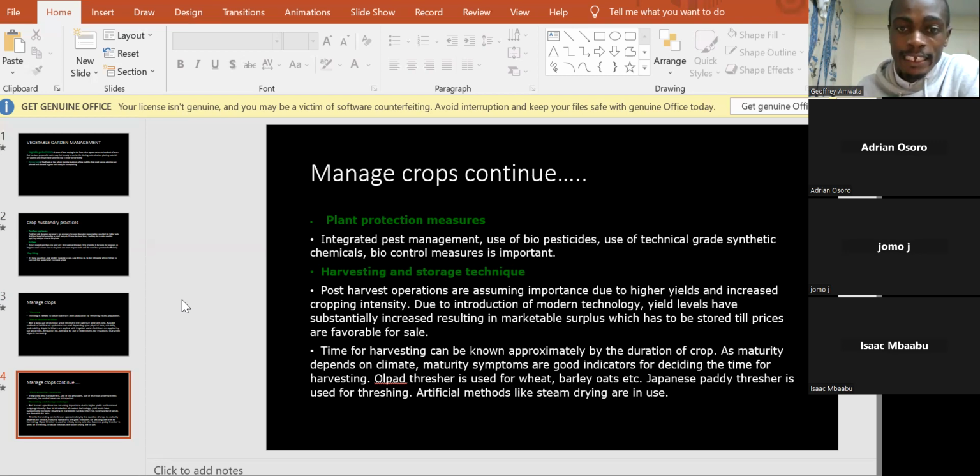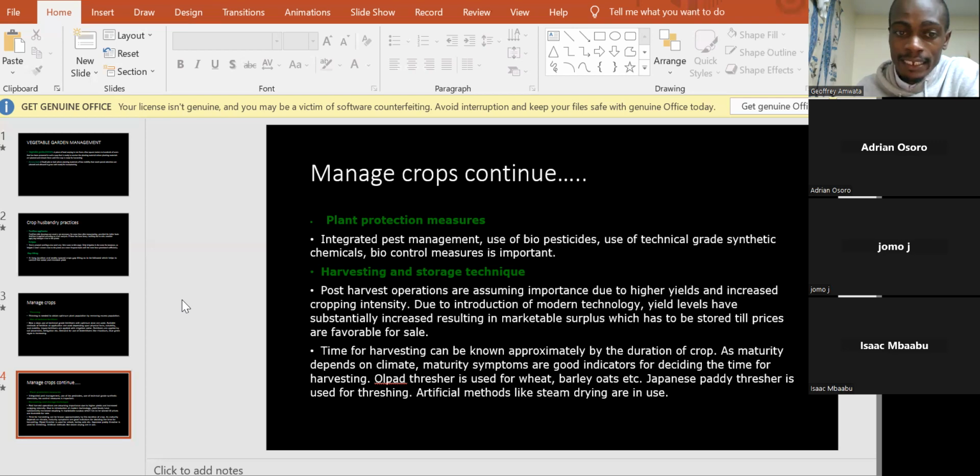Time for harvesting can be known approximately by the duration of the crop. As maturity depends on climate, maturity symptoms are good indicators for deciding the time of harvesting. This is used for wheat, barley, and oat.